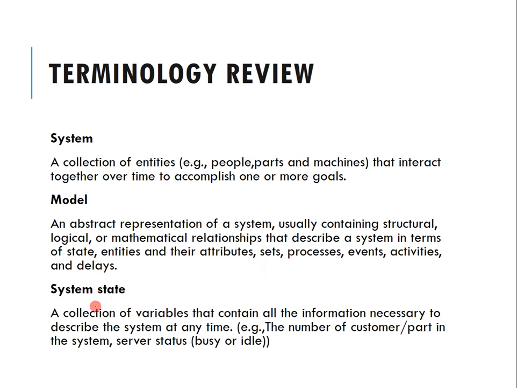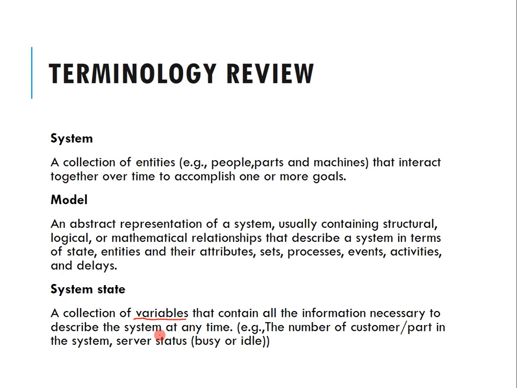System state. What is system state? It is a collection of variables that contains all the information necessary to describe the system at any time. So basically, we use system state to describe the system at a certain point in time. For example, the number of customers, something we can measure and count. Another is the number of parts or products in the system, and the server or machine status.